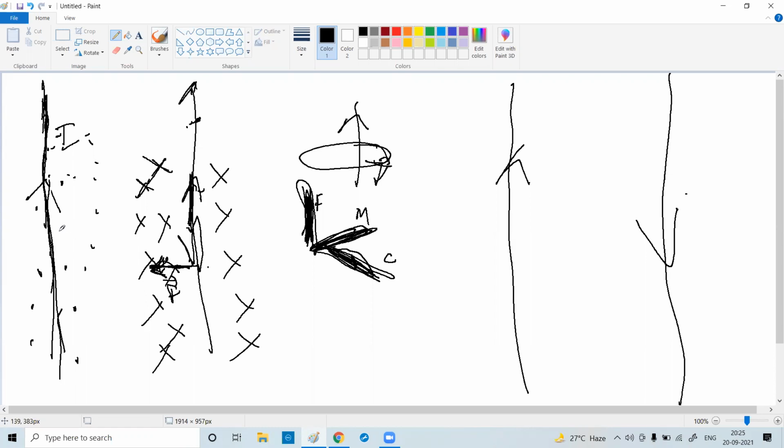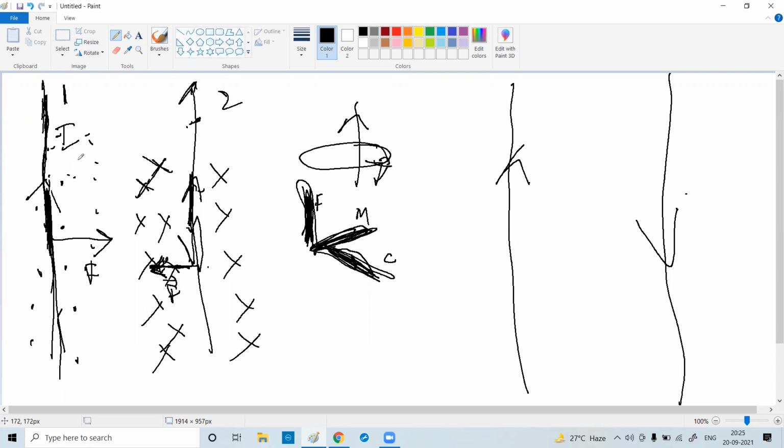Now for the other wire it will be opposite. Put your middle finger in the upward direction, and your forefinger outside, coming towards you. You will see the thumb will be in this direction. So this is 1 and this is 2.